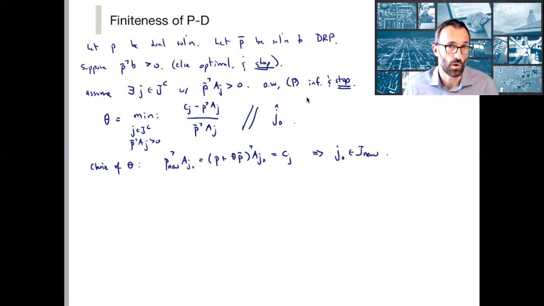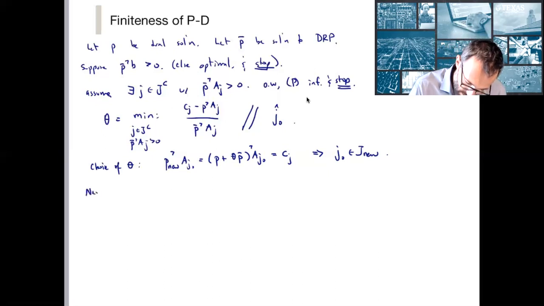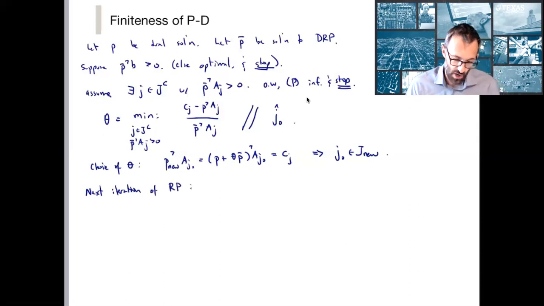So now let's look at what happens in the next iteration of restricted primal. In the next iteration of solving the restricted primal, what has happened? Well, we have introduced this new column, and critically, the new column that we've introduced was not previously in the basis.